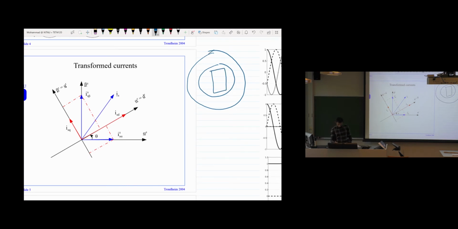And what we see is that we have three concentrated coils, something like this. This is the A axis, and the B and C. It's A, B, C, something like this. So these three coils are fixed. They are stuck to their position. This means they are not rotating.